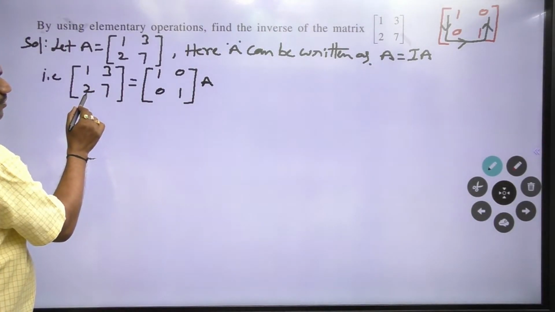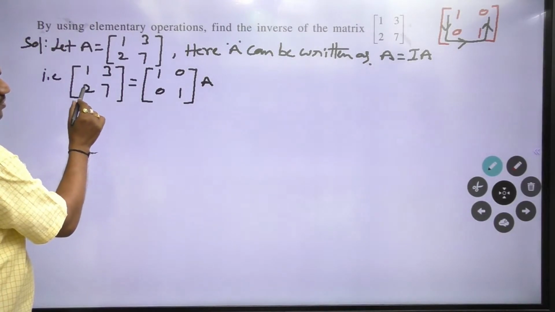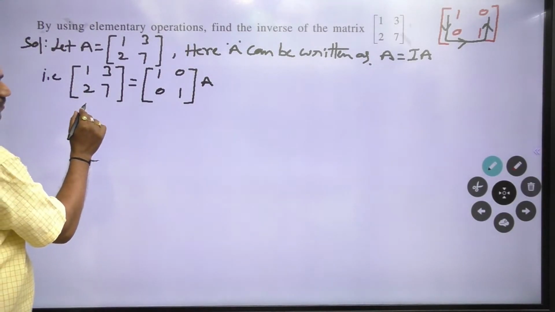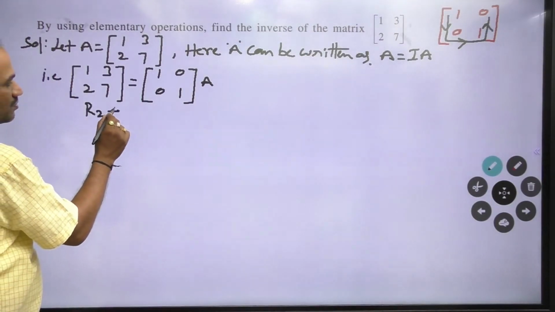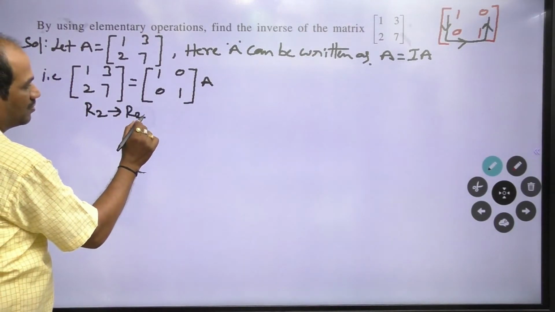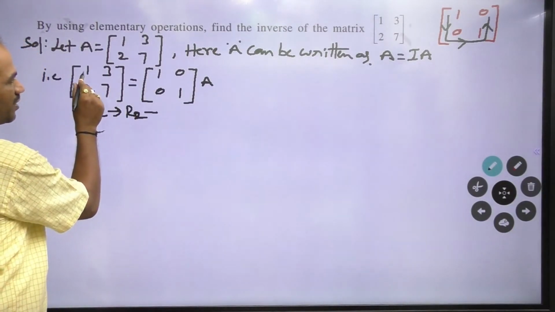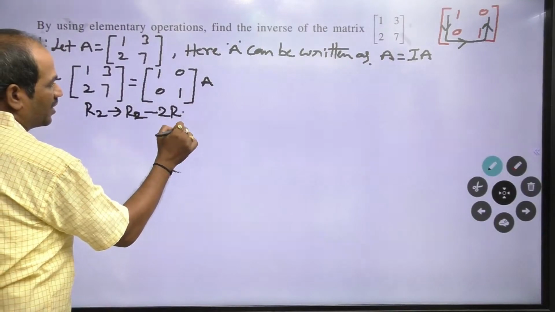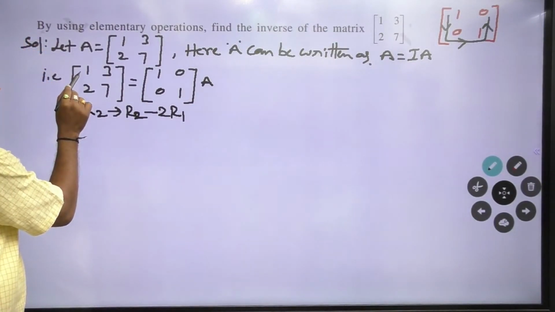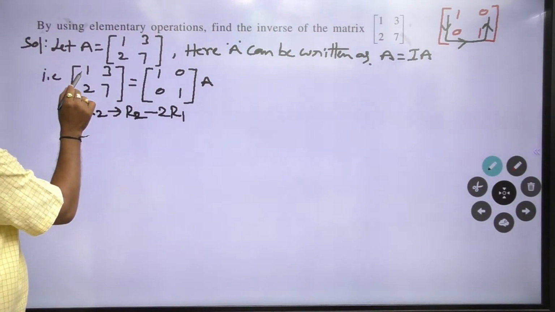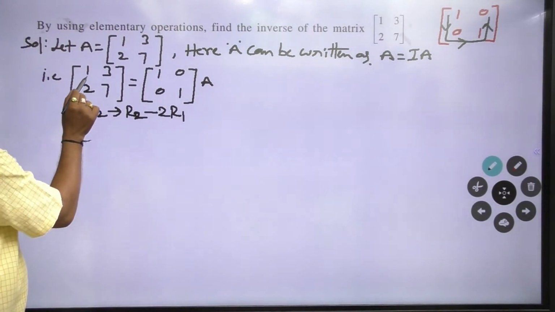To convert the second row's 2 into 0, multiply by 2 and subtract: R2 goes to R2 minus 2 R1. Here 5 comes, multiply 5 and subtract. Here 7, multiply 7 and subtract.